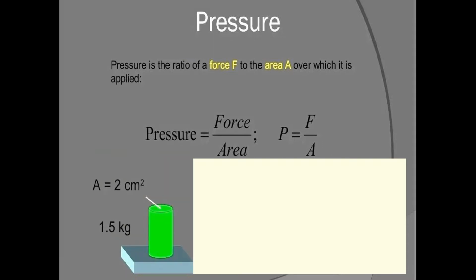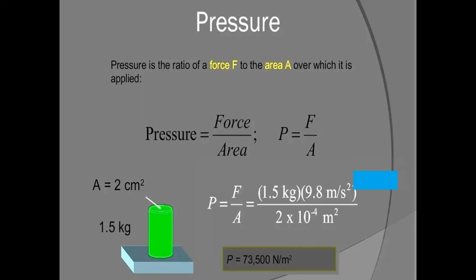If we have a cross-sectional area equivalent to 2 square centimeter with an applied load of 1.5 kilograms, we can say that force over area is the pressure, equivalent to 1.5 kilogram times acceleration due to gravity divided by the cross-sectional area of the setup. Hence, we can come up with 73,500 Newton per square meter.